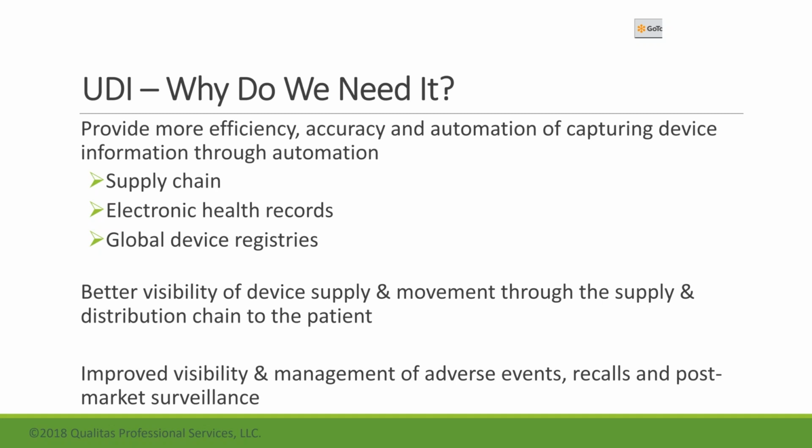So you know where it is, and that's obviously going to help with your recalls by providing improved visibility. It also will allow the FDA to monitor and manage adverse events. It'll help manufacturers as well as healthcare facilities with post-market surveillance and so on. So it's a multi-purpose tool.